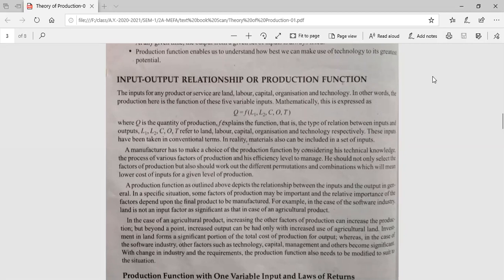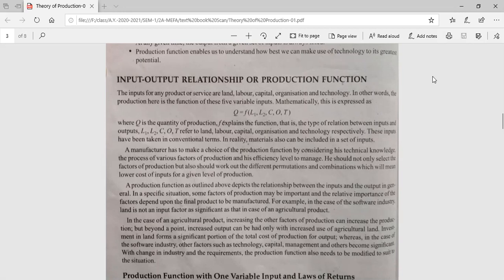But one thing we have to keep in mind is every time all the factors are not considered. At some particular point of time, only some of them or all will be considered. That means the production of some products will depend upon the land, some on the labor, and some on both, capital, organization, and the technology used, and sometimes the machinery we are using also.